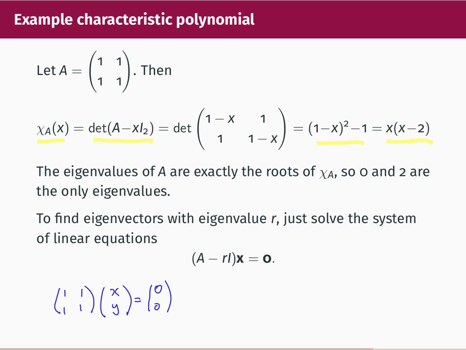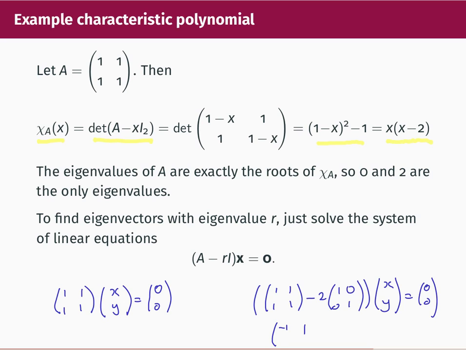Similarly, if you wanted the 2 eigenvectors, you'd have to solve (1, 1, 1, 1 minus 2 times the identity) multiplied into a vector is (0, 0). In other words, you're solving the matrix (minus 1, 1, 1, minus 1) times (x, y) is equal to 0, and the non-zero solutions to this matrix equation are precisely the 2 eigenvectors.